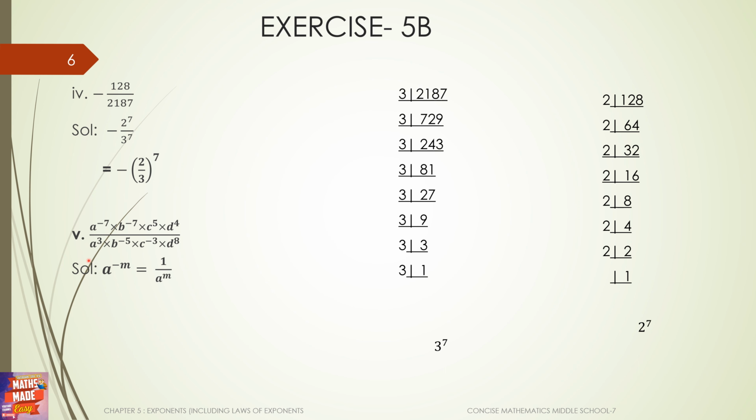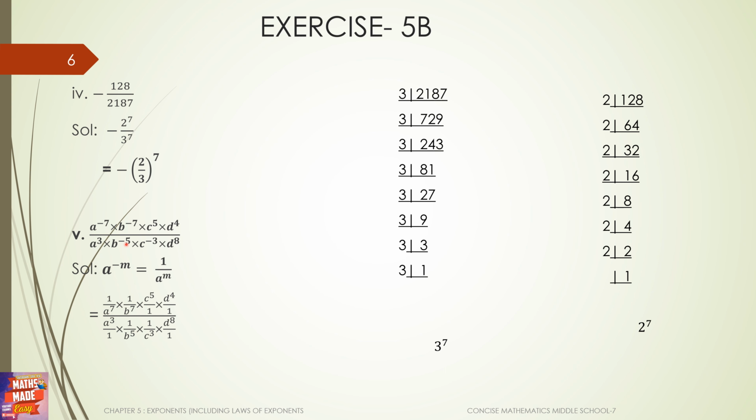You might already have come across this formula: a to the power of minus m is equal to 1 by a to the power of m. Now to make these powers positive, I'm going to apply this formula. That is, a to the power of minus 7 will become 1 by a to the power of 7. See, I'm writing 1 by a to the power of 7.